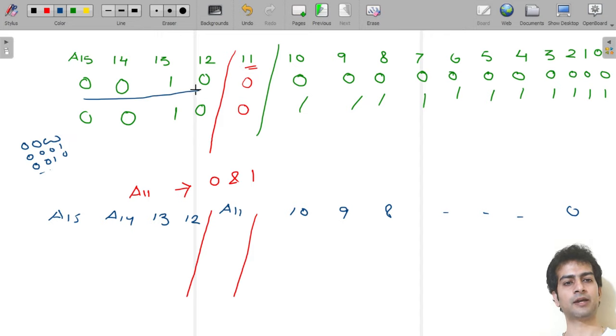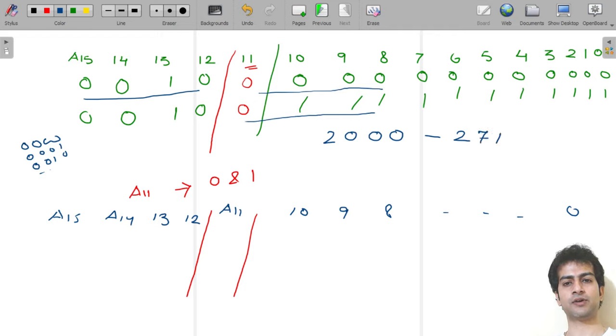If we take groups of 4 bits, the lower range will be 2000, and the higher range will be 27FF.